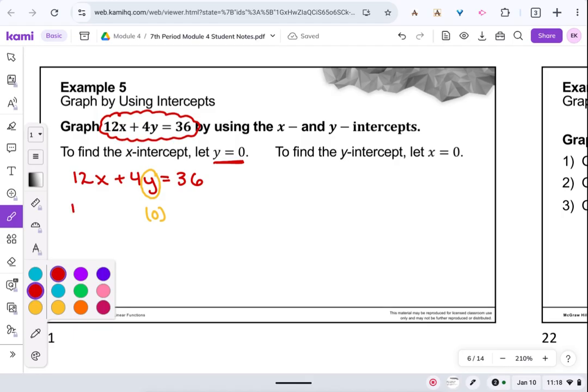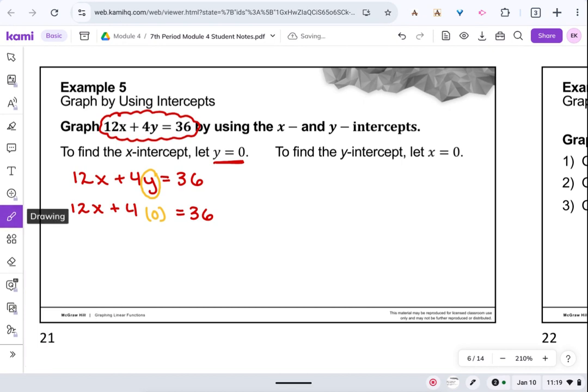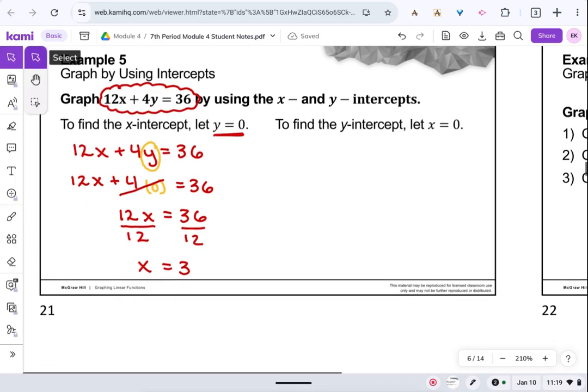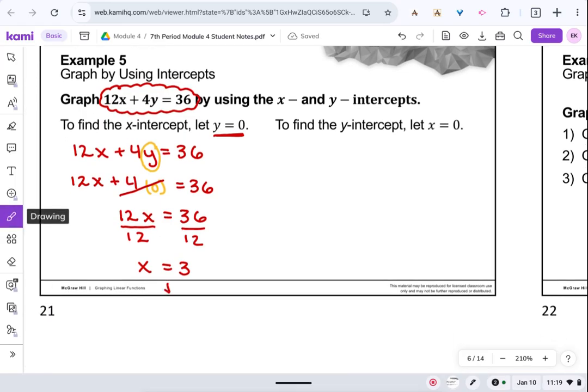We'll bring everything else down. From here, the middle stuff cancels. 12x comes down, equals 36. Divide by the number in front of x, and we get x to be 3. So that is our x-intercept, and if we want to write that as a point, it's going to be 3, 0.